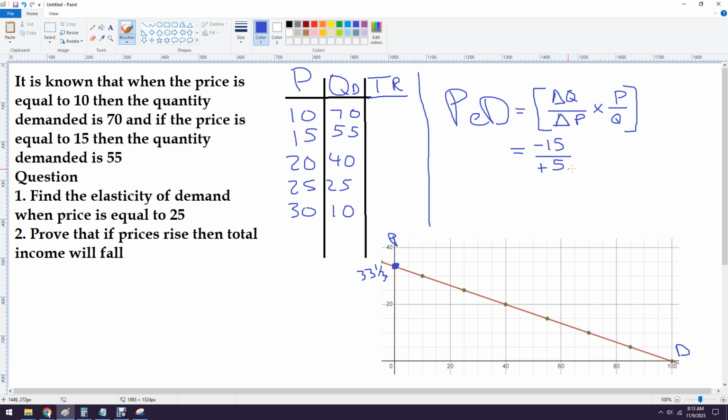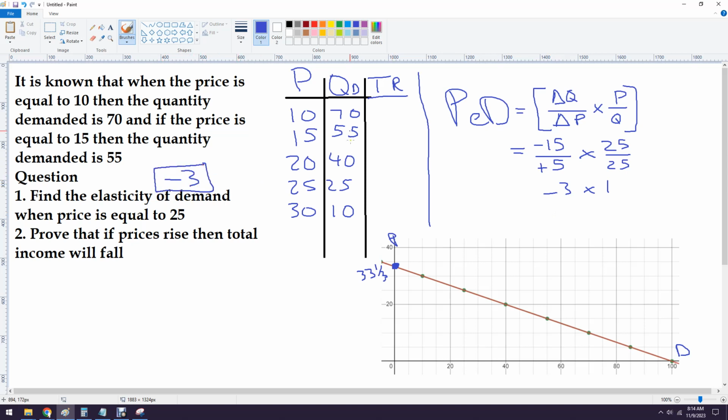So that's negative 3. And we're going to multiply that by price over quantity for that price. So price is 25 over 25. And so this is negative 3 times 1. And so price elasticity of demand for this would be negative 3.